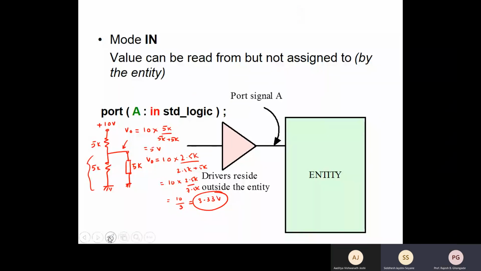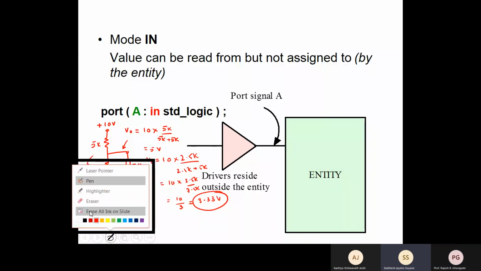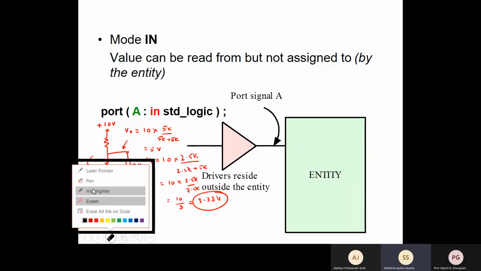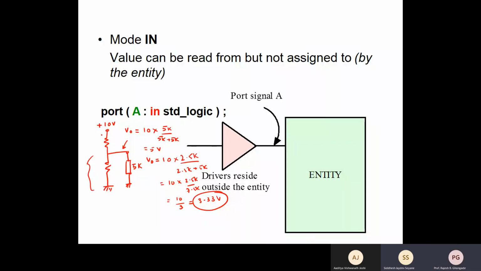The remedy is, let us say, increase the value of the load resistance. But the load is out of your control. The customers will say, okay, this is my load, you cannot change it. Now try with this.